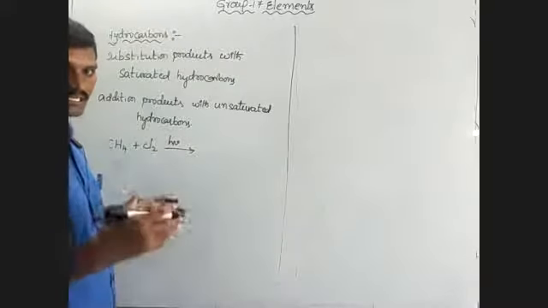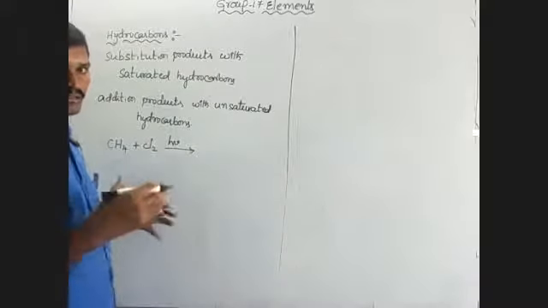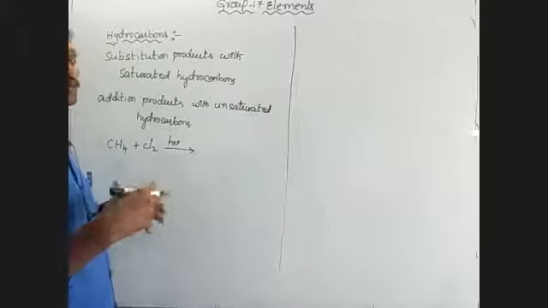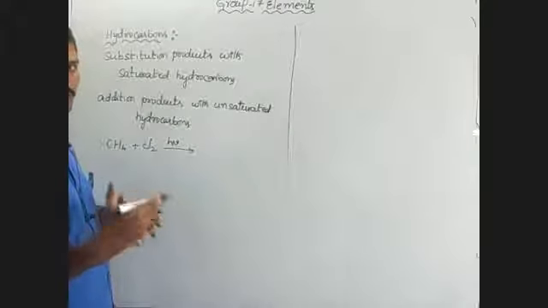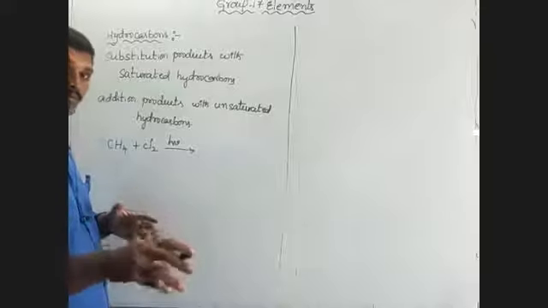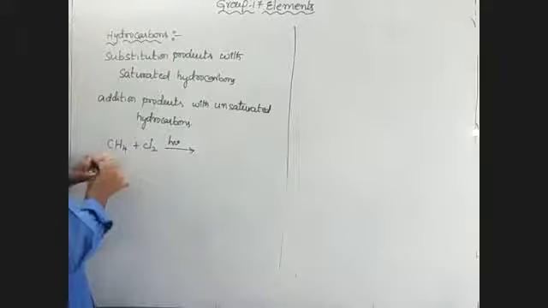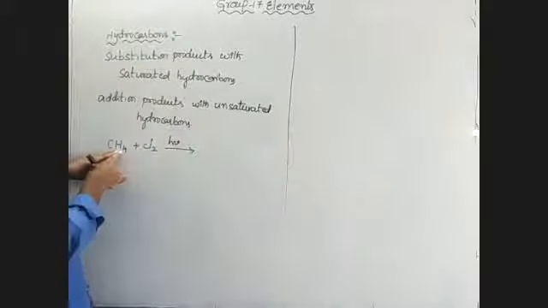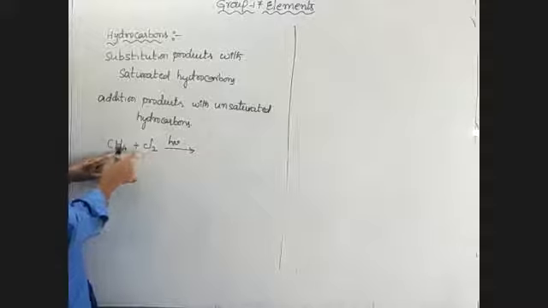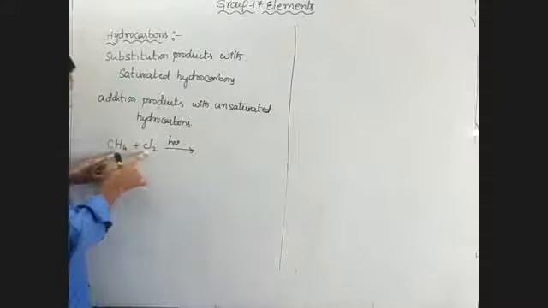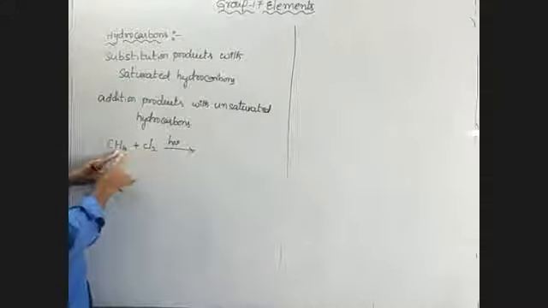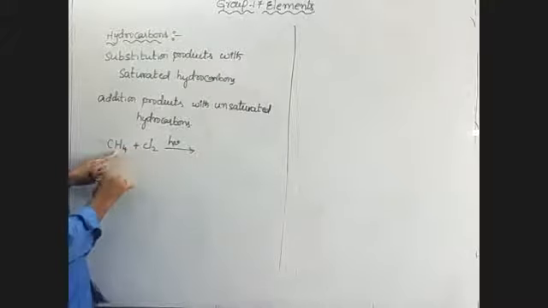The reaction in which an atom or group of atoms is replaced by another atom or group of atoms. Here 4 hydrogen atoms are present. Among these 4 hydrogens, one hydrogen is replaced by chlorine. One atom needs another atom to replace it, to substitute. Such reactions we call substitution reactions.